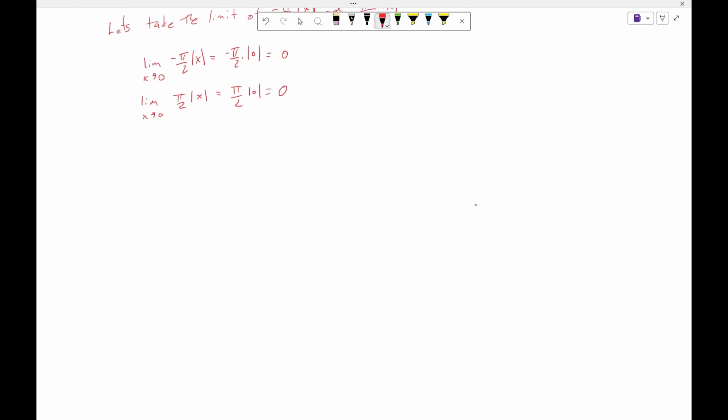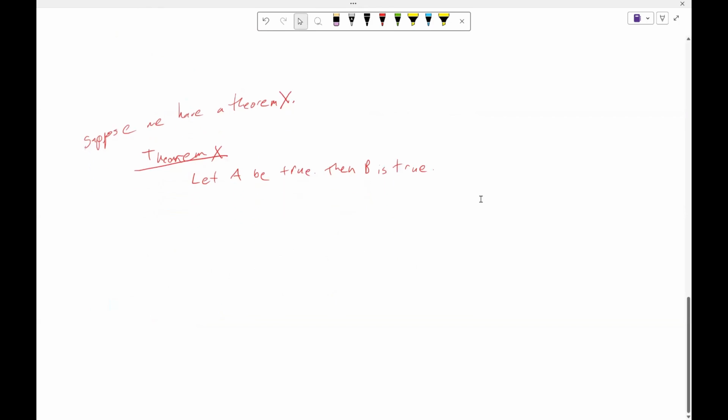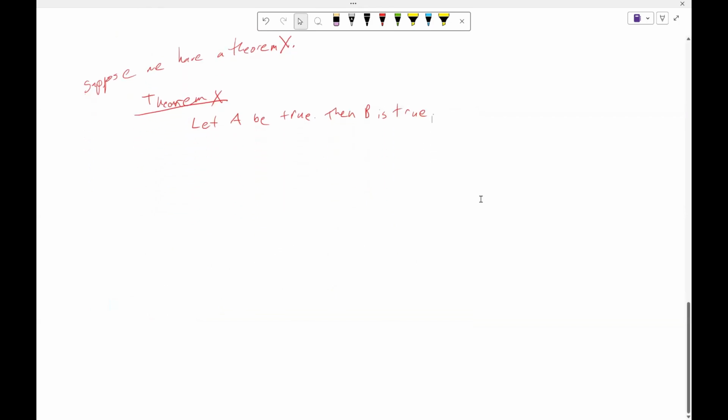So suppose we have a theorem X, and theorem X says, let A be true, then B is true.